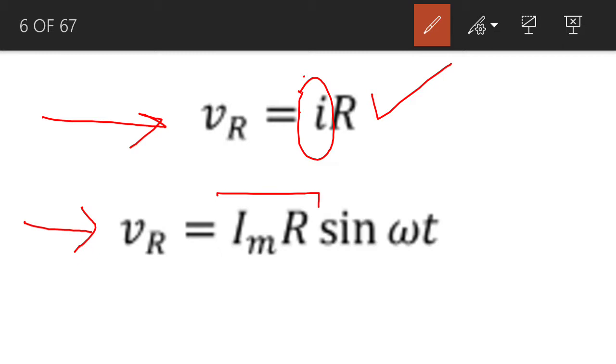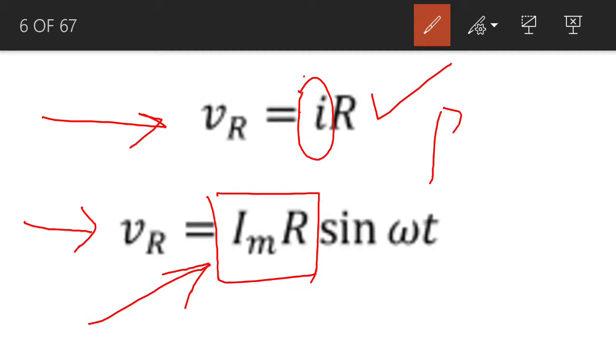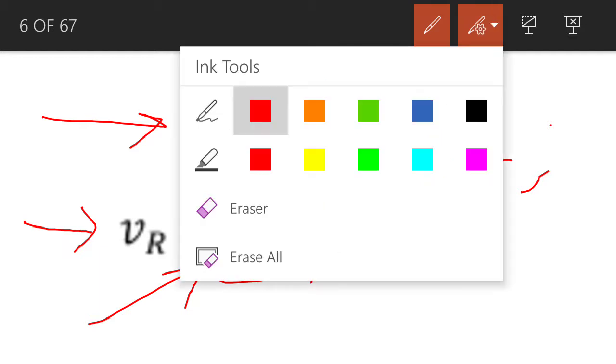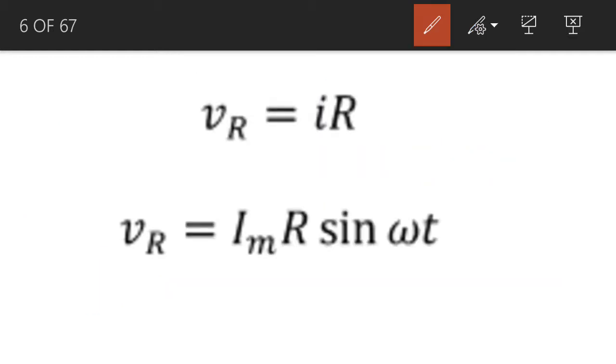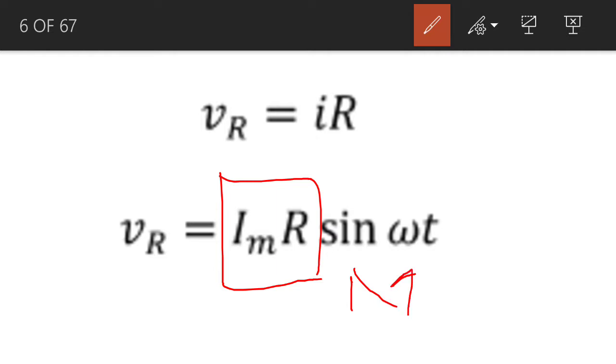So here is the maximum or the peak value of the AC voltage across the resistor. ImR indicates the peak value or the maximum value of the AC voltage across the resistor.